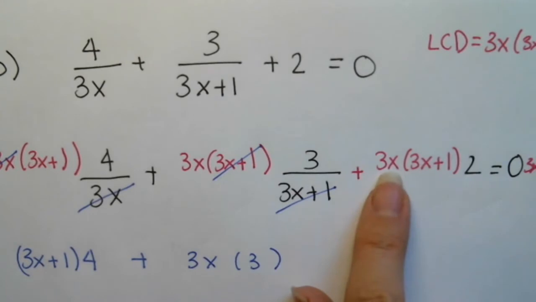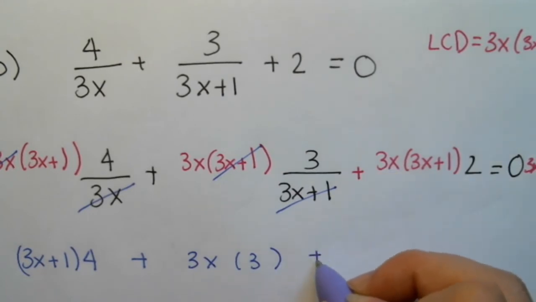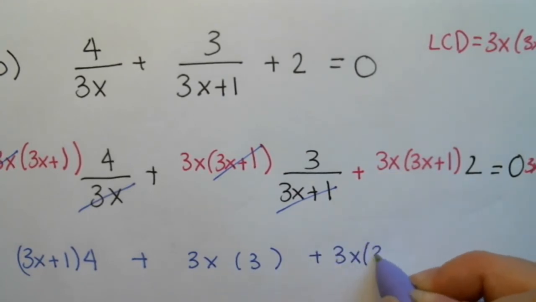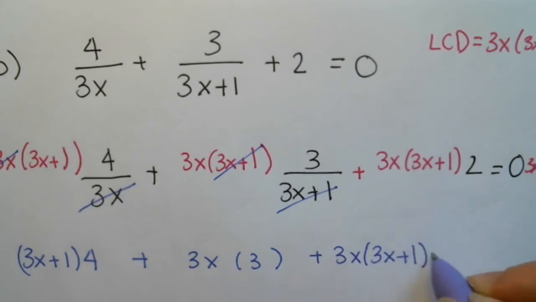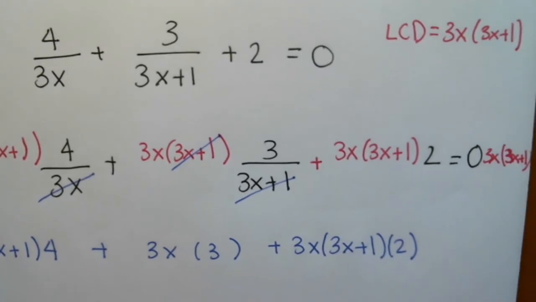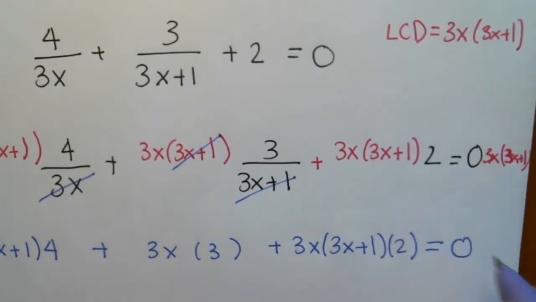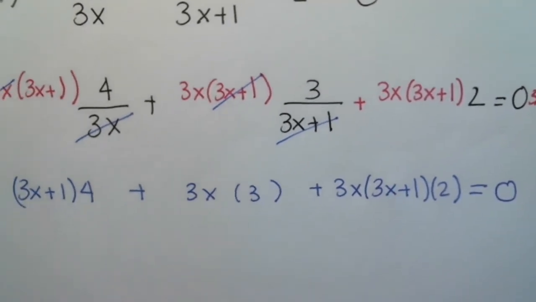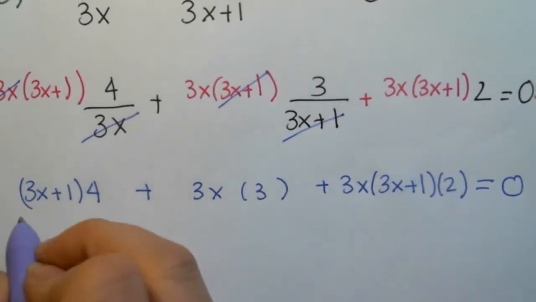Here, nothing cancels, so I'm left with 3x times 3x plus 1 times 2. And on this side, I have 3x times 3x plus 1 times 0, which is 0. So now I'm going to multiply everything out.